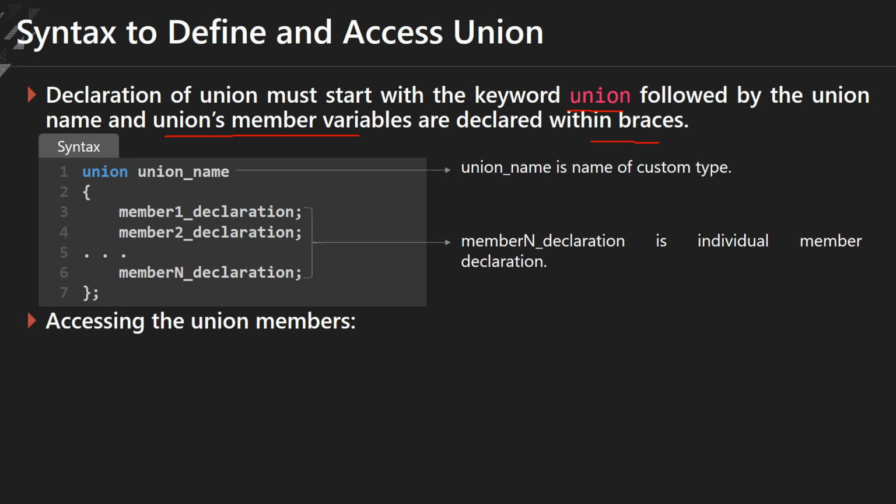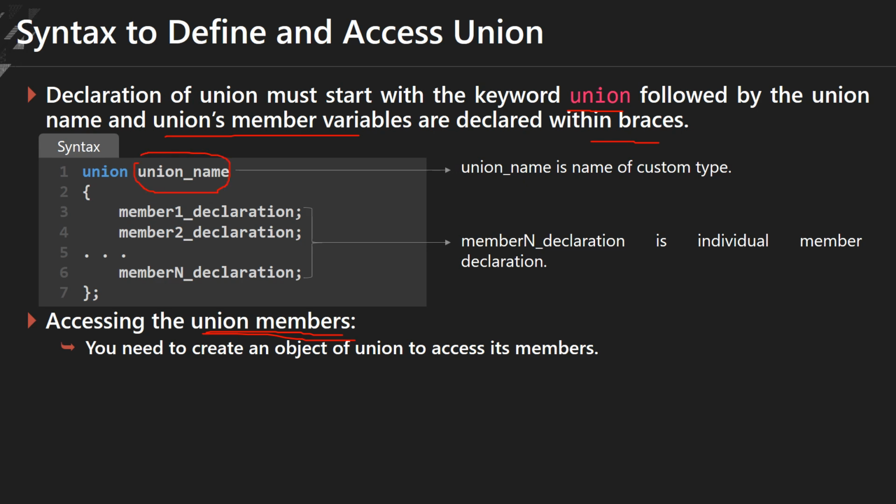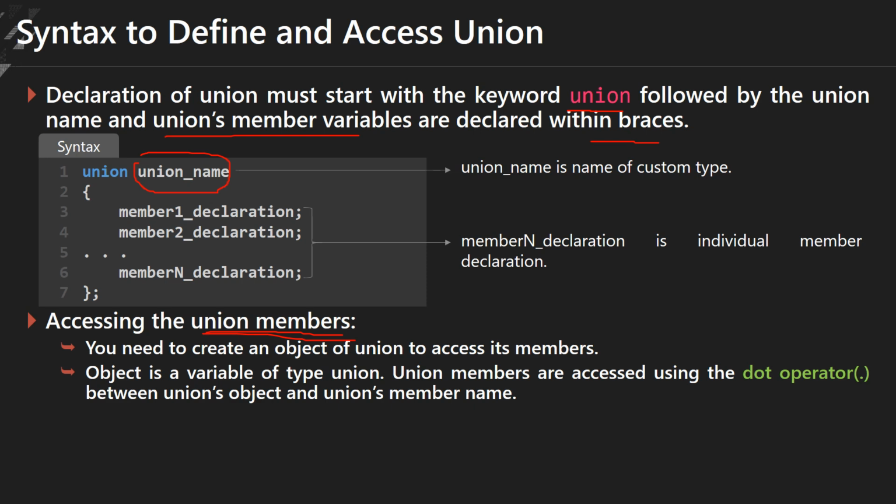How do you access the union members? This is very important, right? You have to create an object of the union to access its members. That object is a variable of type union. Union members are accessed through the dot operator between the union object and the union member.